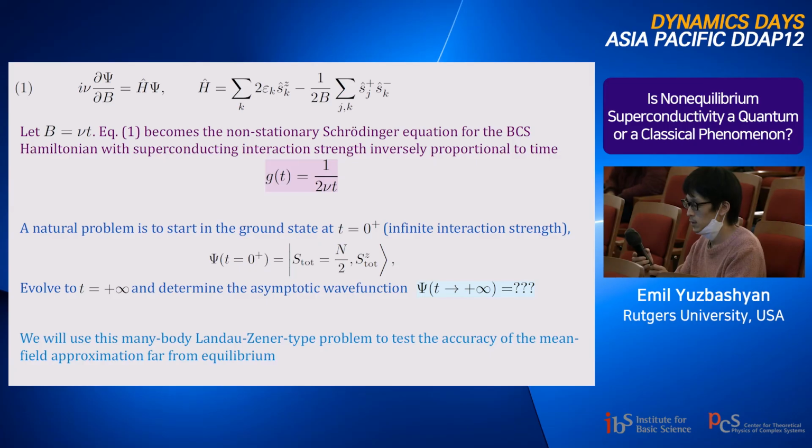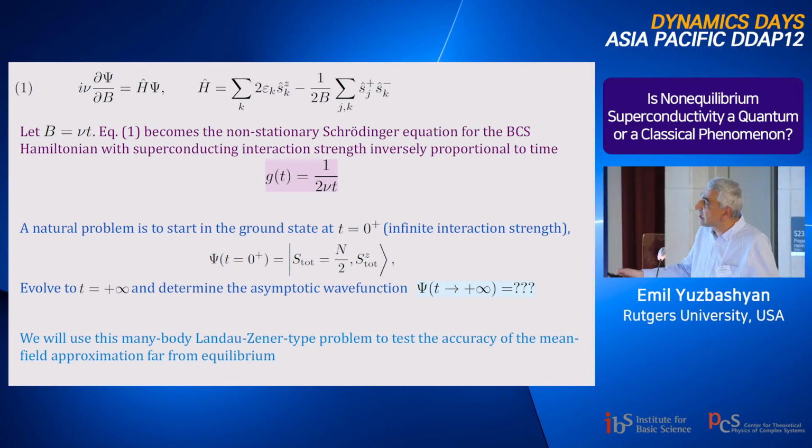Sorry. The initial condition is the ground state of this Hamiltonian, with coupling equal to this, 1 over 2 nu t, at t equal 0 plus. It means that this thing is plus infinity. So basically, the ground state is the ground state of this term. I see. With a minus sign.